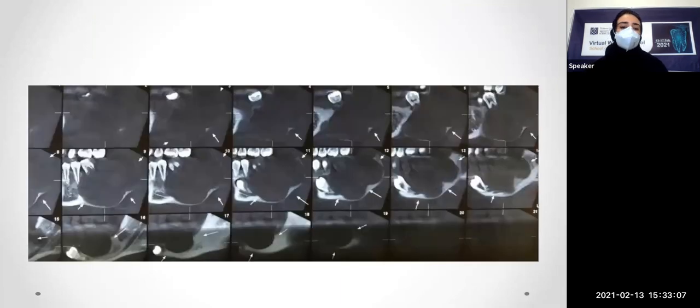Let's go to the CT scan. The CT scan of the patient showed a radiolucent lesion in the posterior area as well, with more prominent root resorption even in the second premolar tooth.